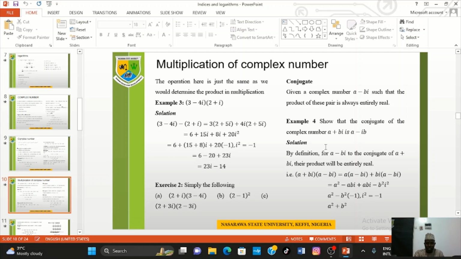Now, multiplication of complex numbers. The operation here is just the same as we will determine the products in multiplication. Take for instance 3 minus 4i, open and close, multiplying 2 plus 5i. So in this case you will just what?